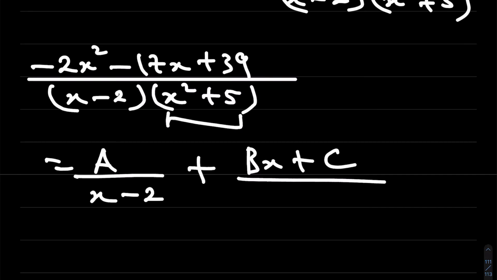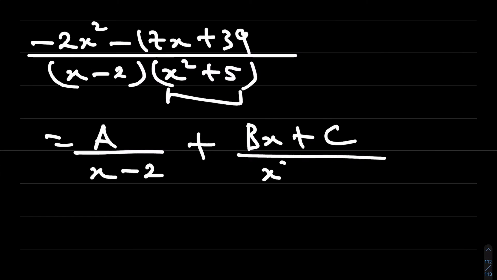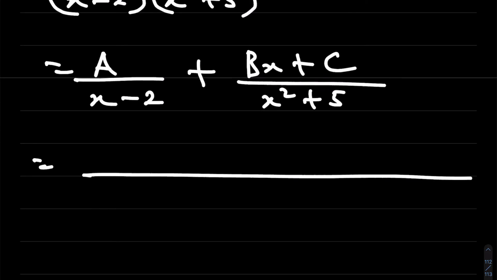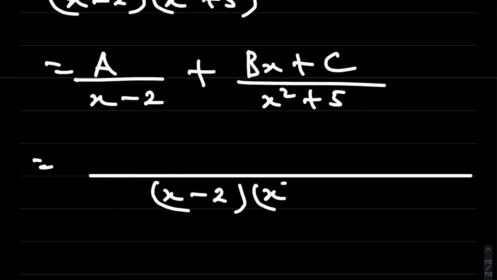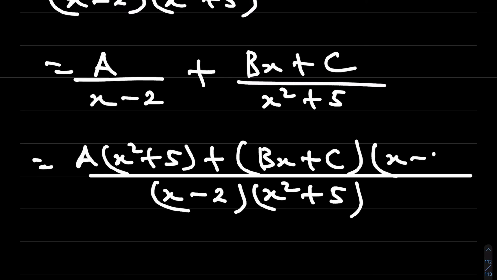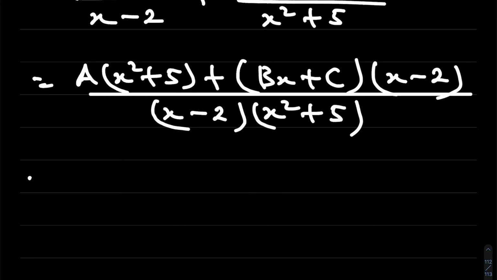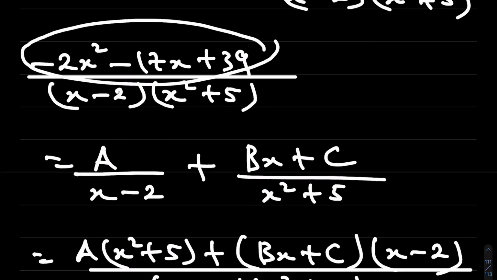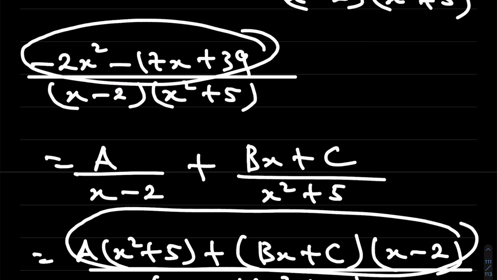We can see that this is a non-factorizable quadratic factor over x squared plus 5. Now we find the LCM, which is x minus 2 times x squared plus 5, and the numerator will be a times x squared plus 5 plus bx plus c times x minus 2. That simply means the numerators are equivalent since the denominators are the same.